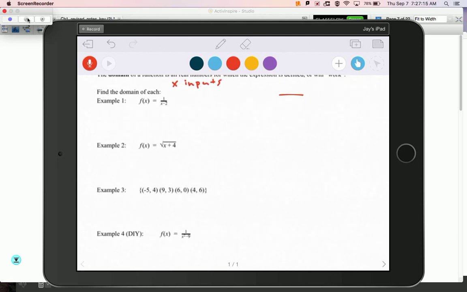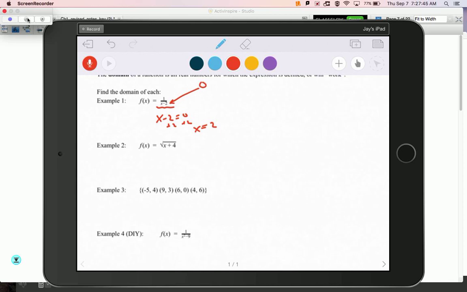we have x minus 2 on the bottom, and we are concerned about the x minus 2. So if I set x minus 2 equal to 0, add the 2 to both sides, what I'm finding out, and you might remember from Algebra 2, is that when x is 2, it's going to make a 0 on the bottom.